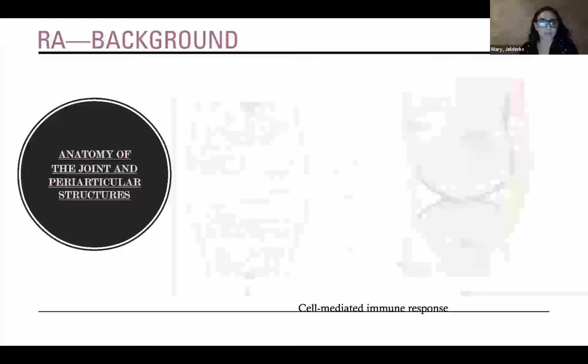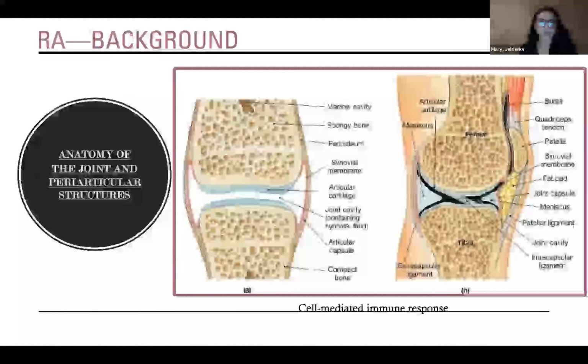So this is just to bring your attention to the basic anatomy of the joint. You can see that there are multiple structures that are around and encase the joint area. You can see here the blue area that's nicely lining the two juxtaposing bones, and that is the cartilage.